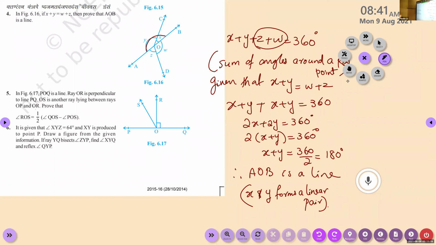Question number 5. POQ is a line. Ray OR is perpendicular to line PQ. And this is the figure. OS is another ray lying between OP and OR. Prove that angle ROS equal to half of angle QOS minus angle POS. Draw the figure.